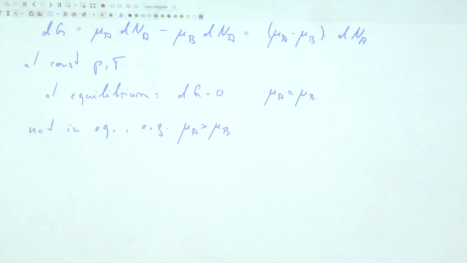I was confused because in my notes I have it correctly. It's positive, dg must be negative in order to go to equilibrium, and then dNA must be negative. So you reduce the number of A atoms. That's how you win energy. You take out A atoms from the system to reduce the energy, and vice versa. So that's why you get diffusion, for example.